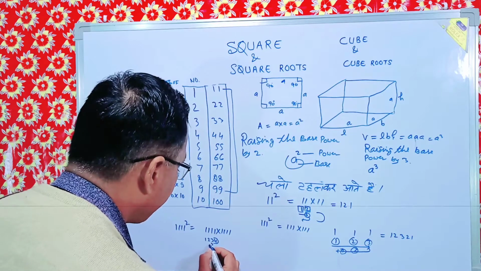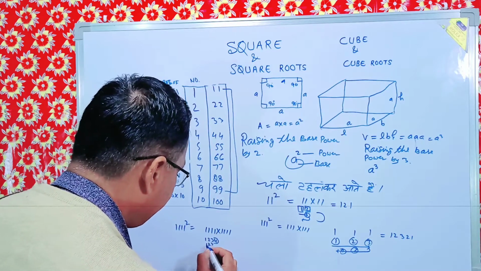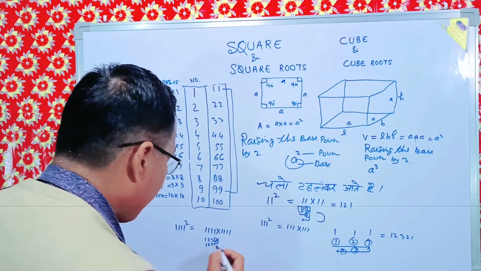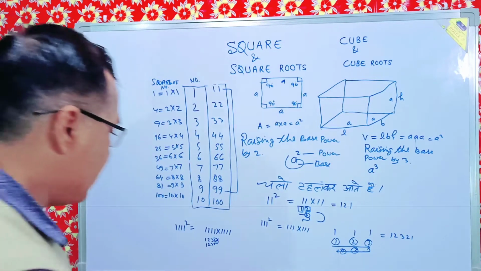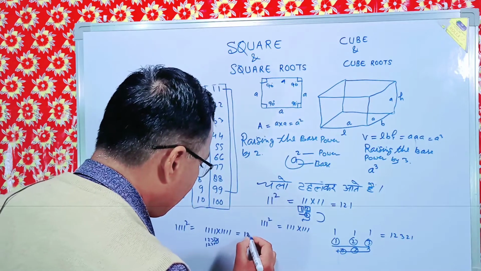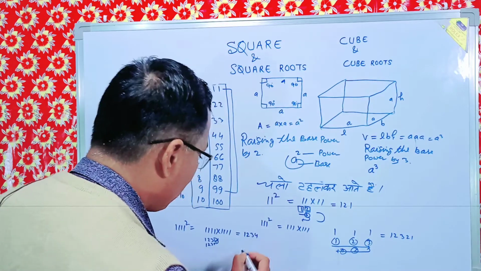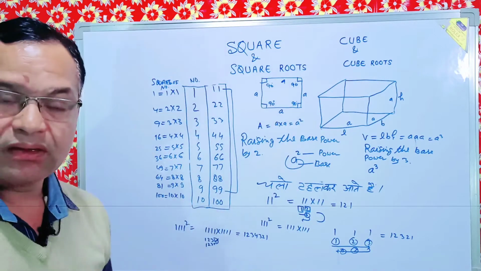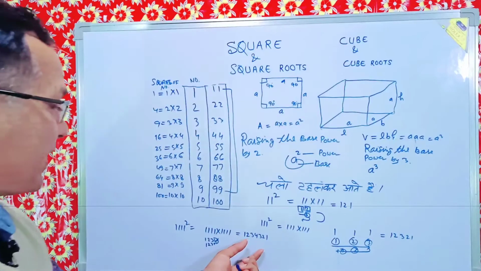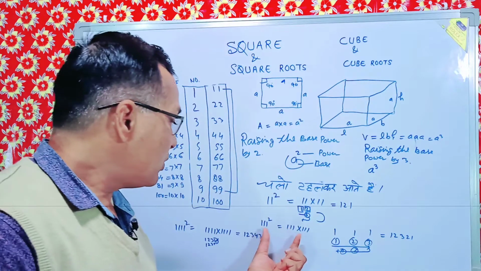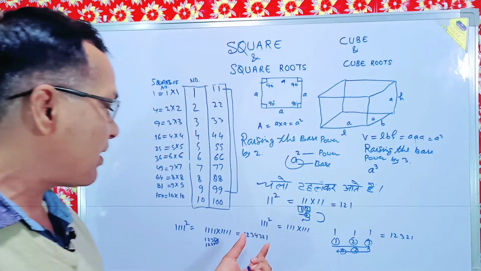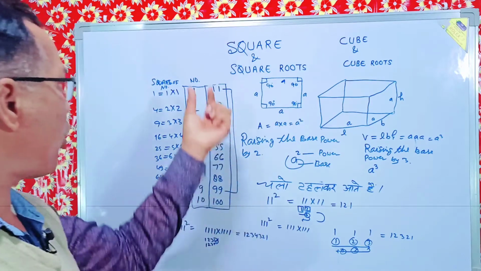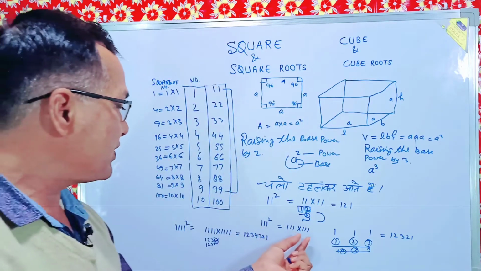So again I get a path like this: 1, 2, 3, 4, 3, 2, 1. This is applicable to this kind of number like 11, where all the digits are the same.